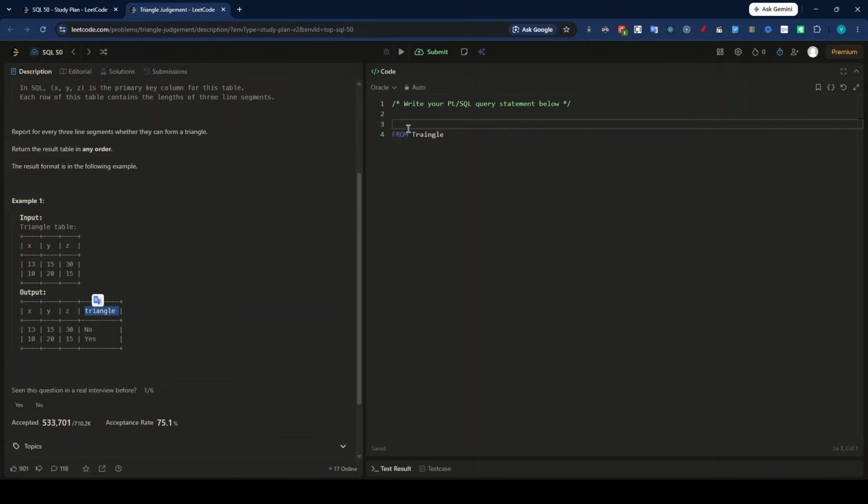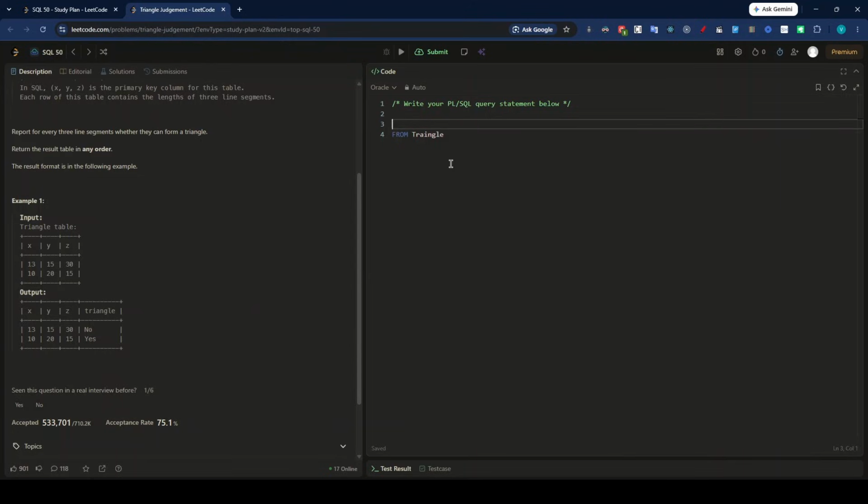In that case, we will be using a case when statement. If you are using MySQL or any other language, you can look up the equivalent of case when. I think MySQL has an if statement. You can search on the internet and find the better equivalent of case when.